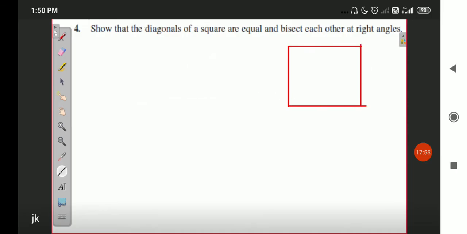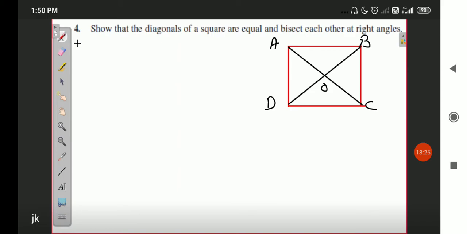So we have to prove that for this square, once again this is A, B, C and D. For this square ABCD, we have to prove that diagonals are equal and bisect each other at right angles. That means we have to prove that angle O is 90 degree for each and every triangle, as well as AC, BD are equal and bisecting each other.